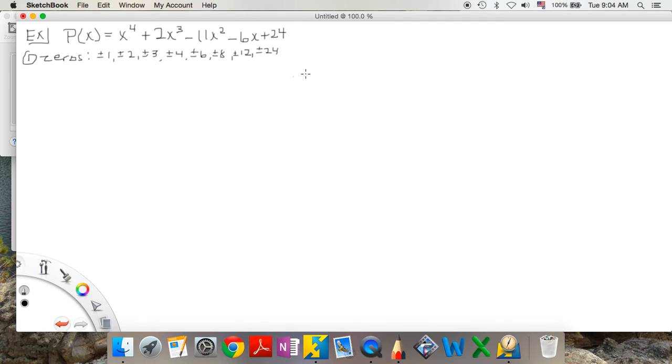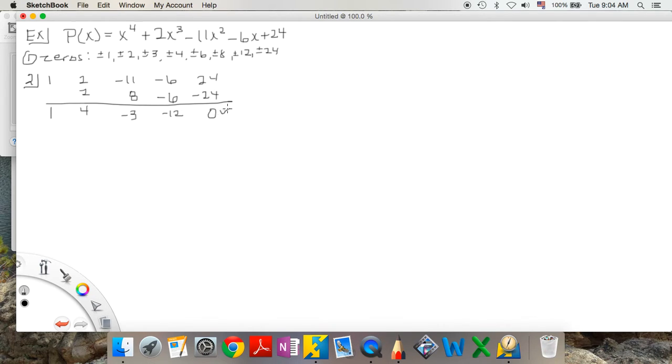So we're going to use synthetic division to try to figure out which one works. We're going to start with 2. And we put our coefficients out. So we bring the first one down, multiply, add, multiply, add, multiply, add, multiply, add, and we end up with our 0 remainder.